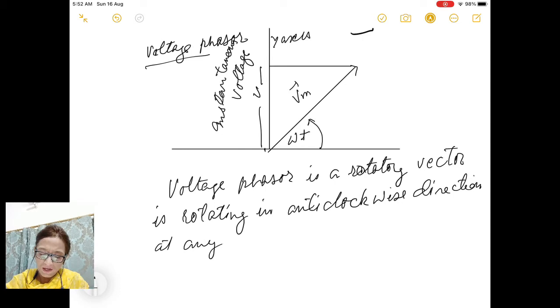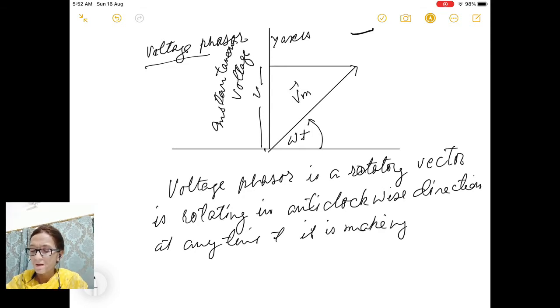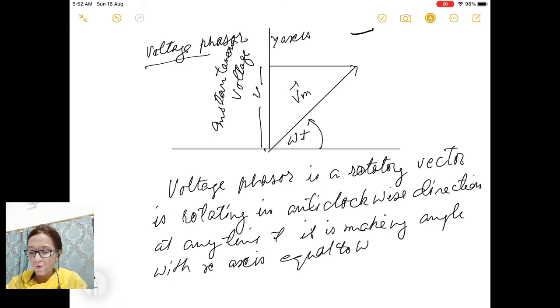At any time t, it is making a phase angle with the x-axis equal to omega t.